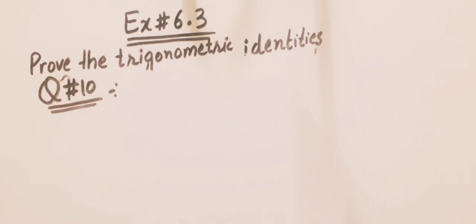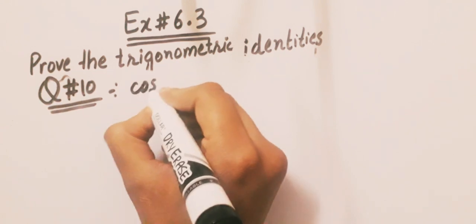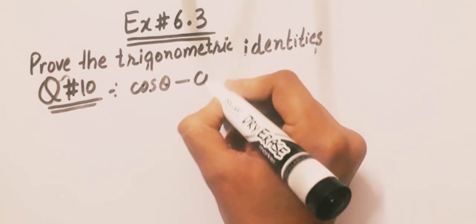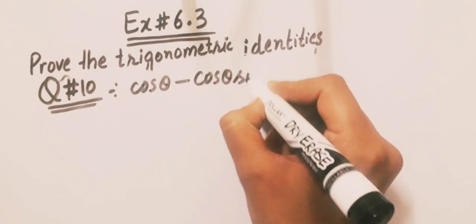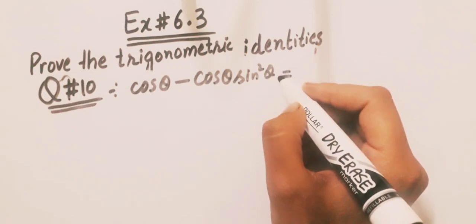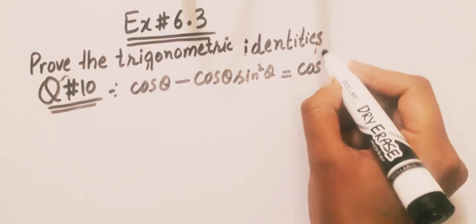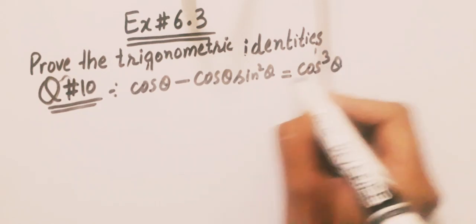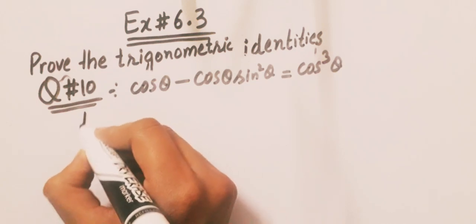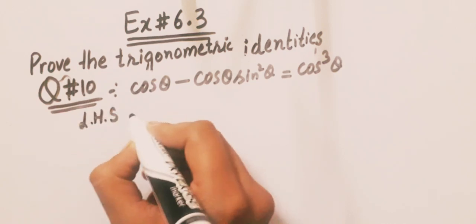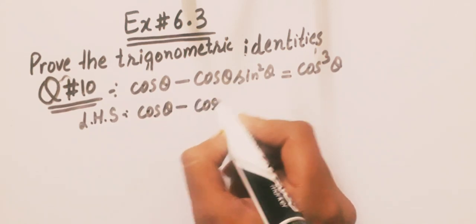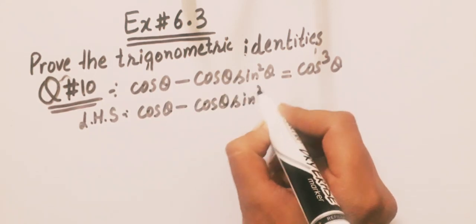In question number 10 we have cos θ − cos θ sin² θ = cos³ θ. By taking the left hand side, we have cos θ − cos θ sin² θ.